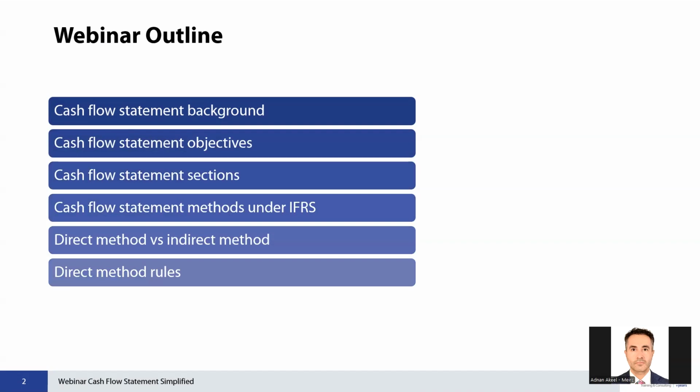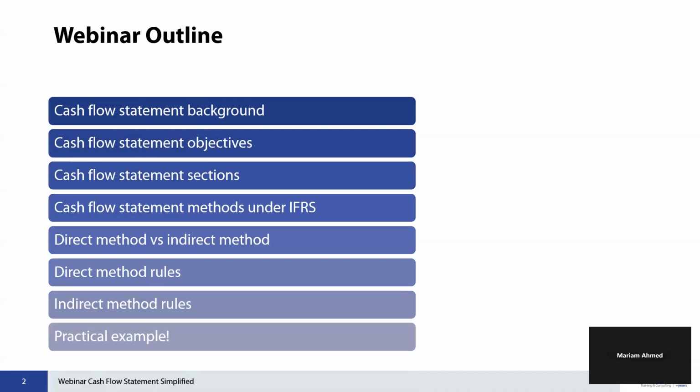We'll talk in more detail about the rules, about the direct method, indirect, and we will be concluding by taking a practical example using illustrated financials to come up with the cash flow statement, both on the direct side and the indirect one.